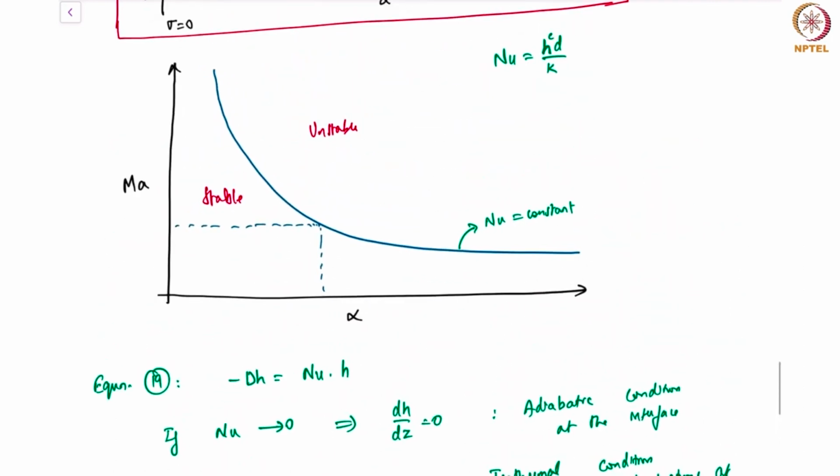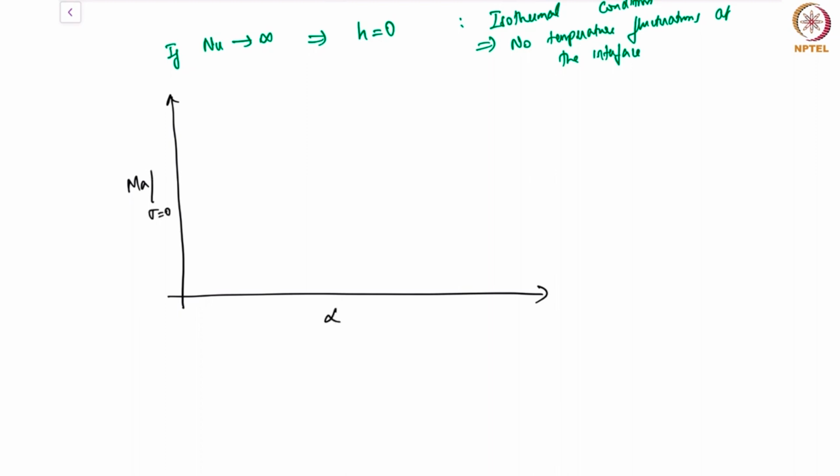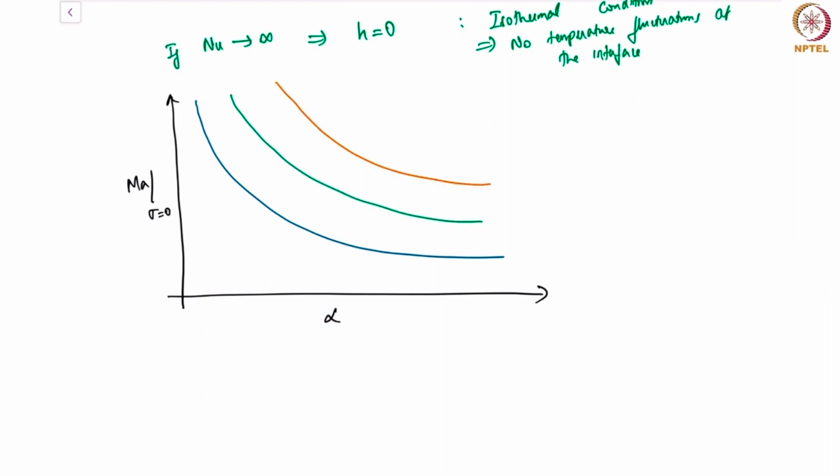So what we should now expect is that you can get a series of stability curves like this, or maybe I'll just make a fresh plot. In the stability map, we have the Marangoni number, and this is Marangoni for sigma equal to 0, versus alpha. We can get a series of curves, and so on.